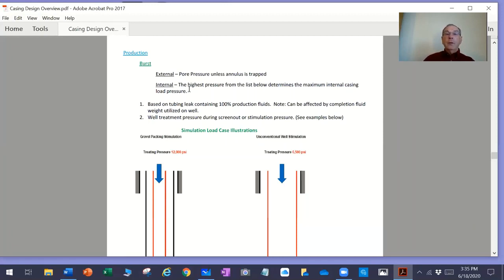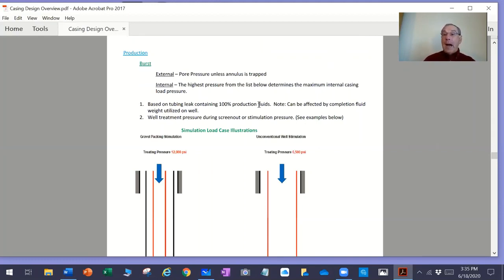And then for the internal, you're going to use the highest pressure from the list below, which determines the maximum internal casing load pressure. It's a fairly simple list though. It's based on a tubing leak containing 100% production fluids. So it's not going to be based on a partial fluid level in the well, like 50% or 75% production.